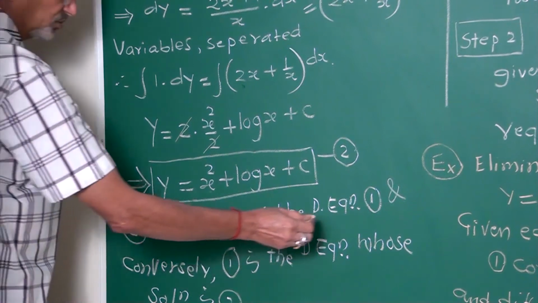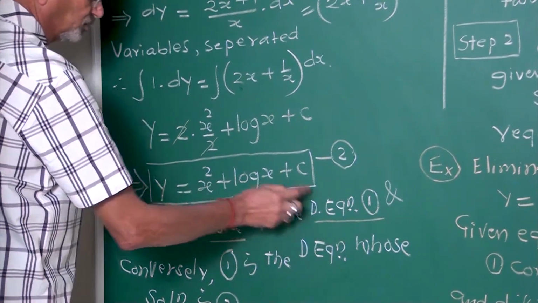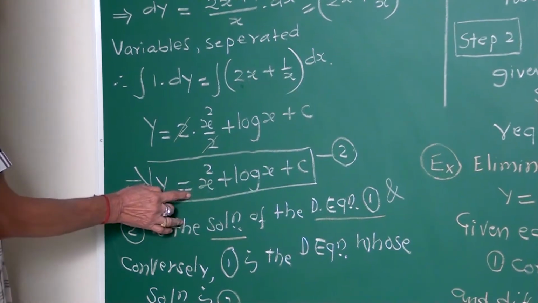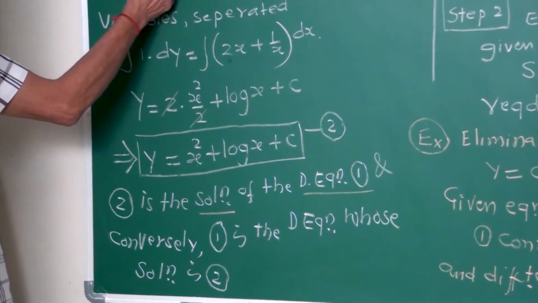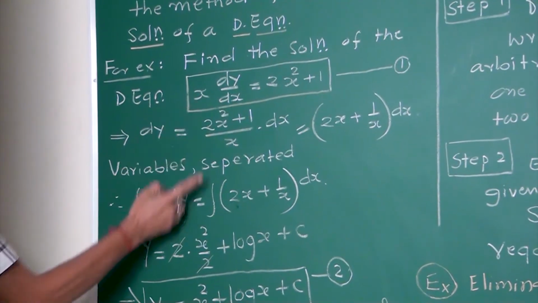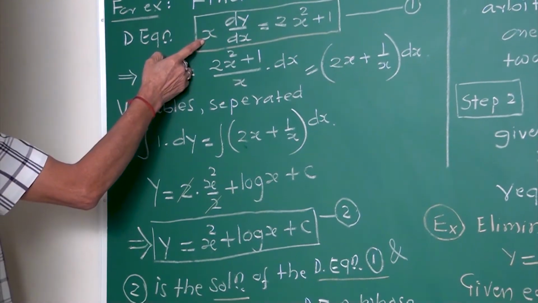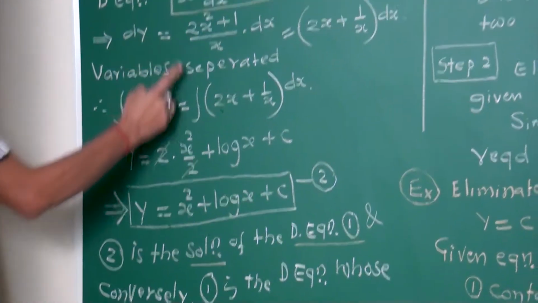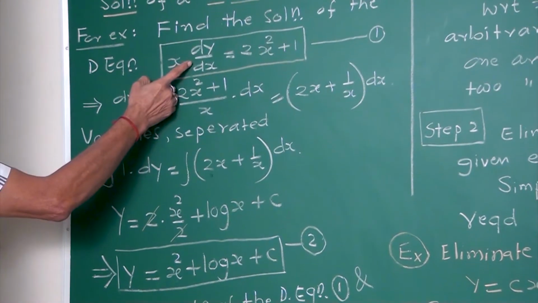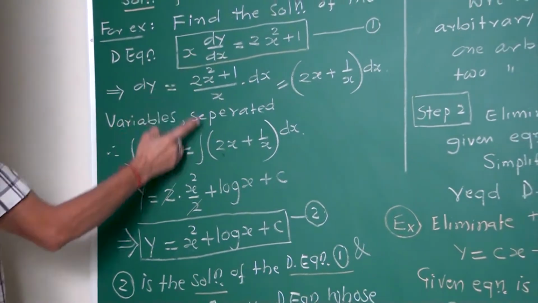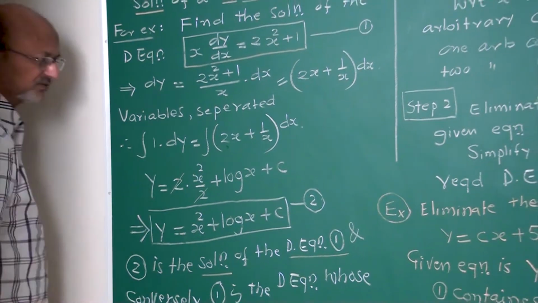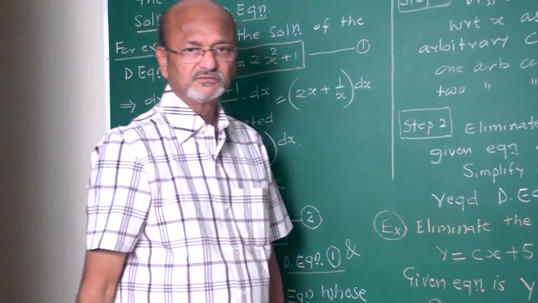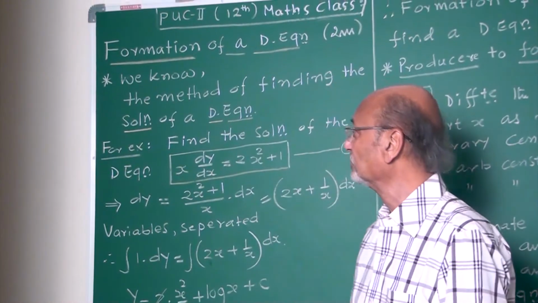Equation 1 contains dy by dx, and equation 2 is the solution of the differential equation 1. Yes, my friends, we have gone from differential equation to solution, from dy by dx to free from dy by dx.